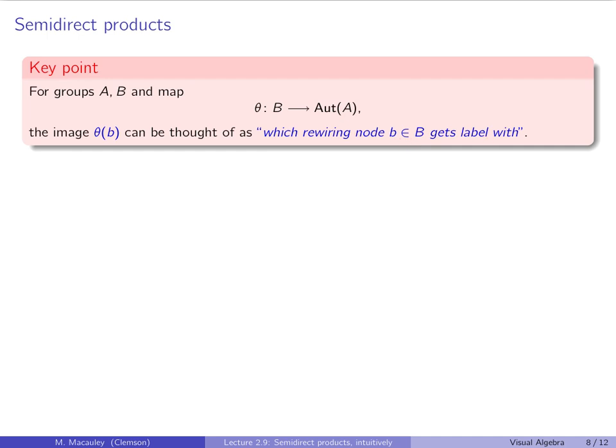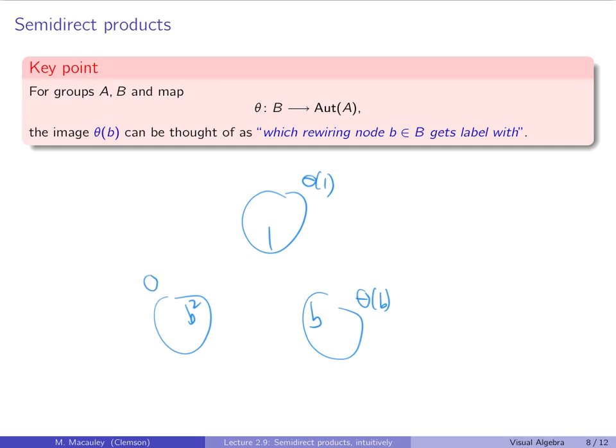So again, for each node of B, we say this is theta of 1. So if this is 1, this is B, and this is B squared. These labelings are telling us which rewiring, which is an element in here, we get to put inside this node.